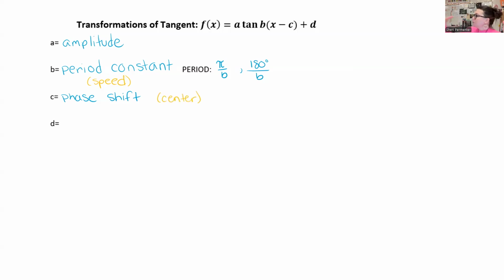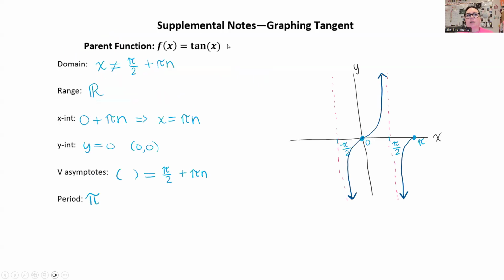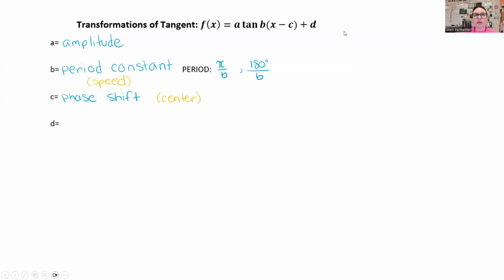And so it's what moves your graph left and right. It's your horizontal transformation. And so if you look back at the parent function, there's nothing in there with the x. So it's like plus 0. So that's why you start here, your first center point at 0. And so we're going to do a lot more exotic graphs than the parent function. And C is representing your center.